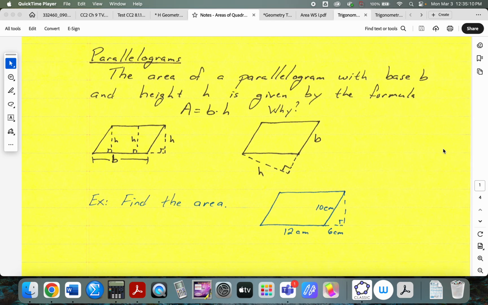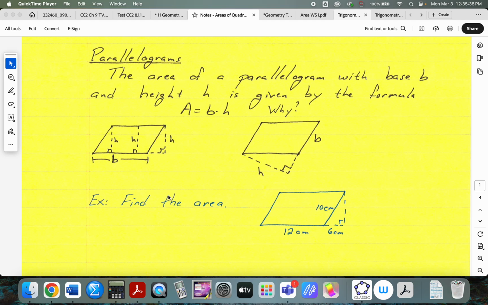So, for a parallelogram, the area of a parallelogram with base B and height h is given by the formula area is equal to base times height. Why is that? Well, that's because if you were to cut this little piece over here off and then tape it on over here, you'd have a rectangle whose base would be B and whose height would be h.